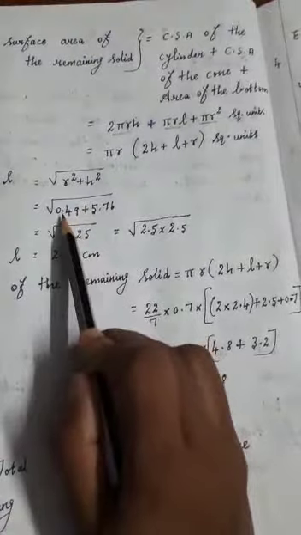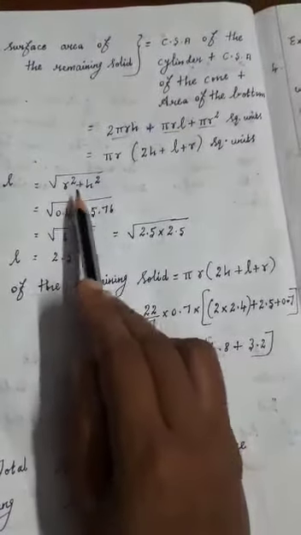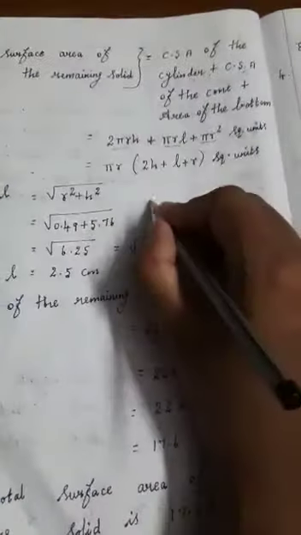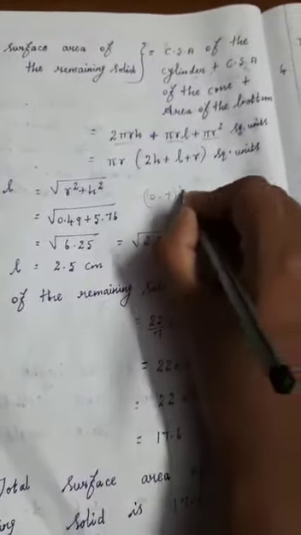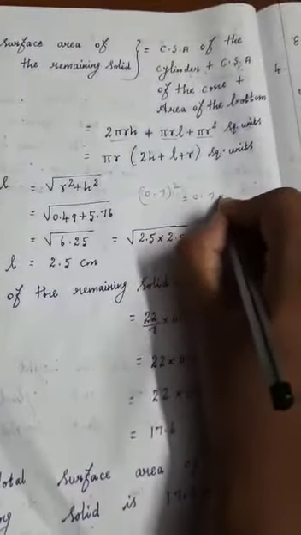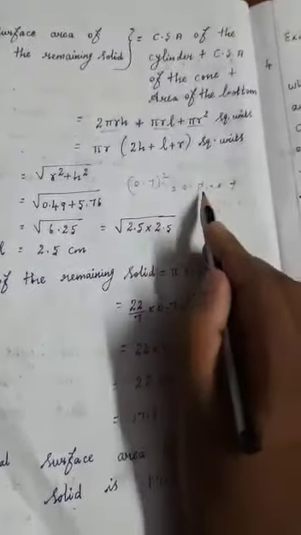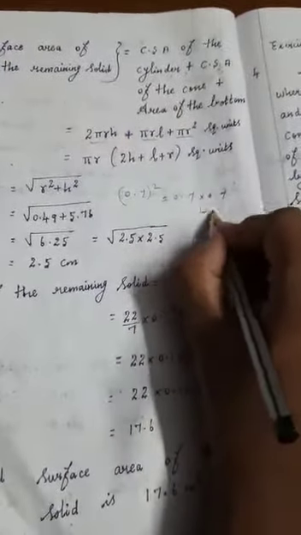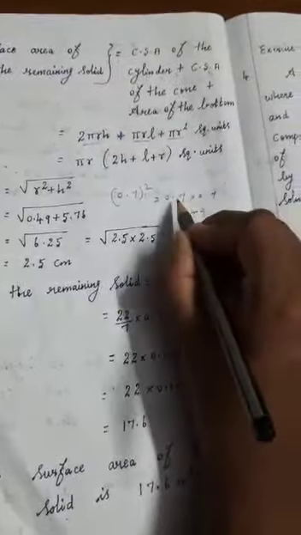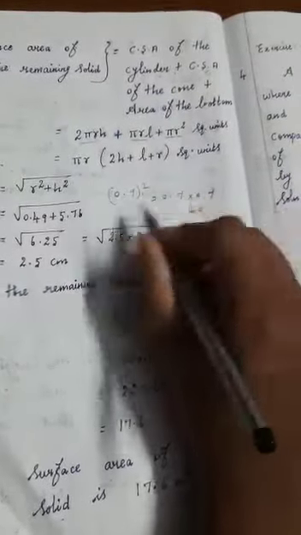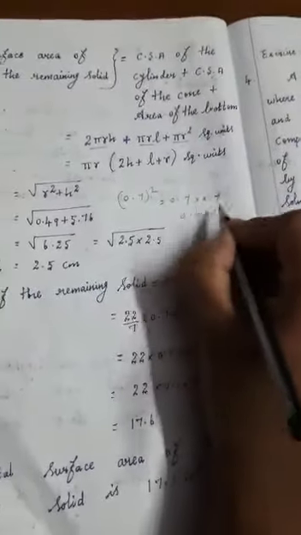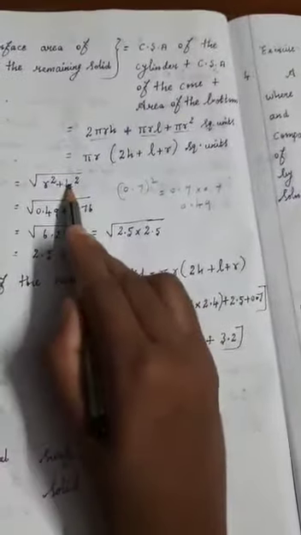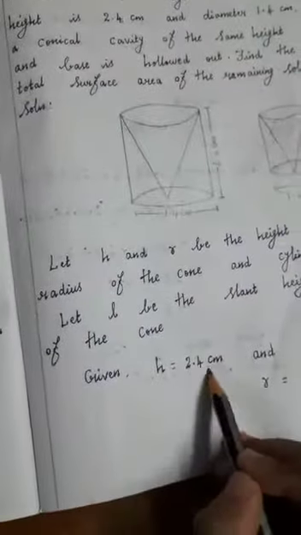So for R square, R value is 0.7. So 0.7 the whole square means 0.7 into 0.7. Remove the point and multiply. 7 7s are 49. After the point here 1 digit, here 1 digit, 2 digits, so you can put the point before them. So that is 0.49 plus height square. Height value is 2.4.